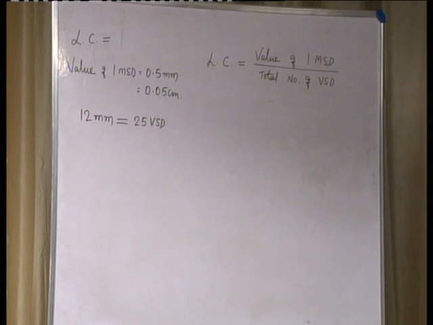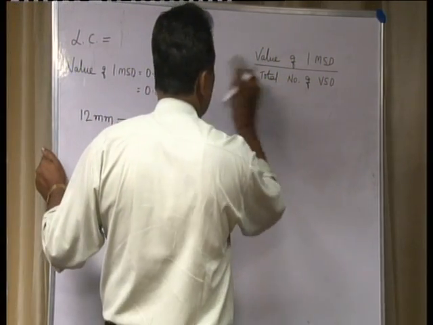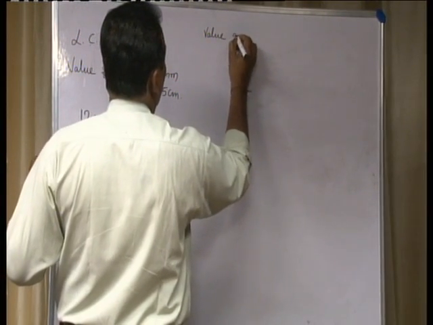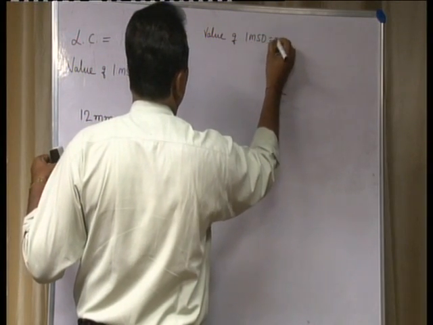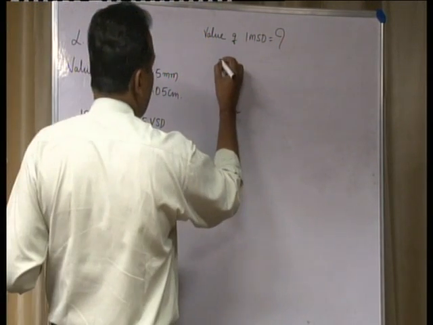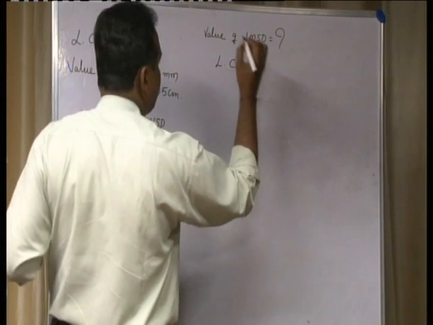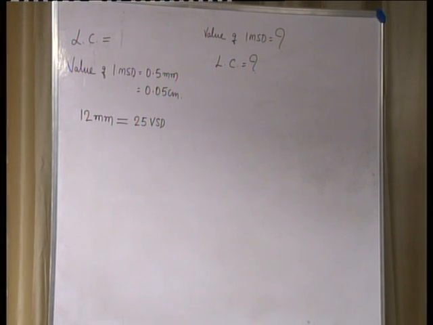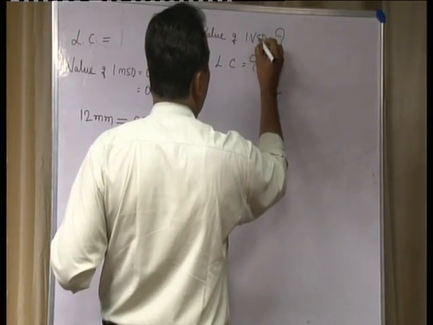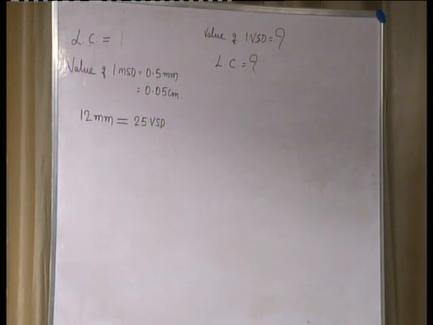Now, calculate the value of 1 VSD, and the least count of the given instrument. This is the question. Because the value of 1 MSD is given, we need to calculate the value of one vernier scale division, and at the same time find the least count of the vernier.